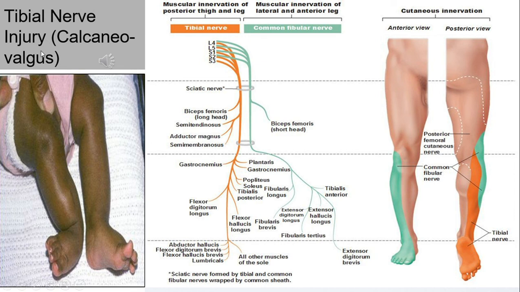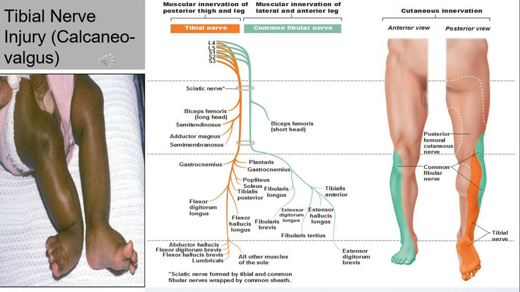Tibial nerve, as already discussed, is not commonly damaged, as it has a straight vertical course in the popliteal fossa, and it has a deep protected position in the popliteal fossa as well as in leg.